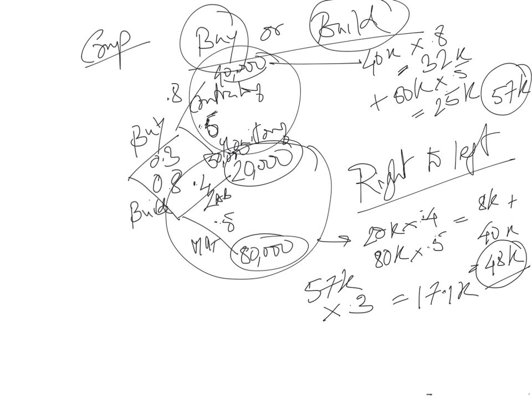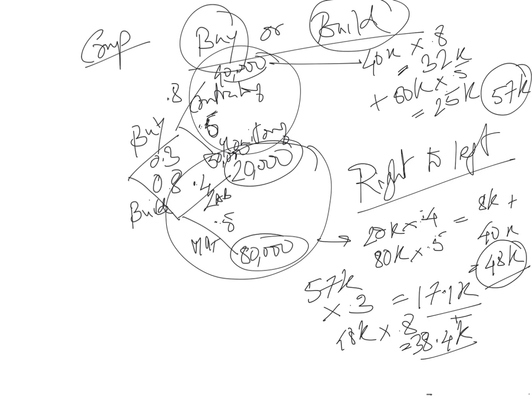And the expected factoring in of a build scenario is going to be 48k times 0.8, which is 48 times 8, 32 and 64, so 38.4k.